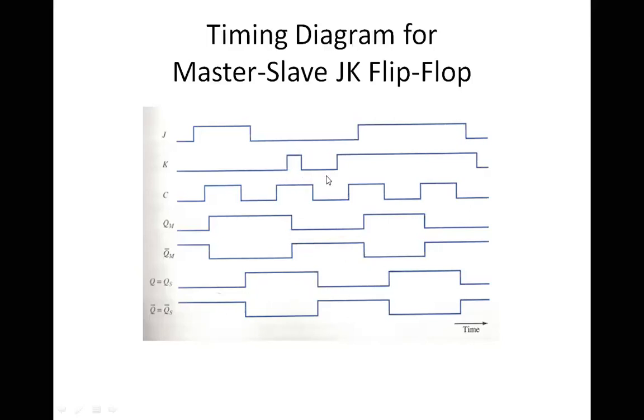Just because K became 1 at this point, is QS value changing? Look straight at this line, it's not changing, right? So whatever was the value here for master, the same thing is continued. So that is called catching, zero catching. So if there is 1 and 1 is getting passed, it's called 1 catching.